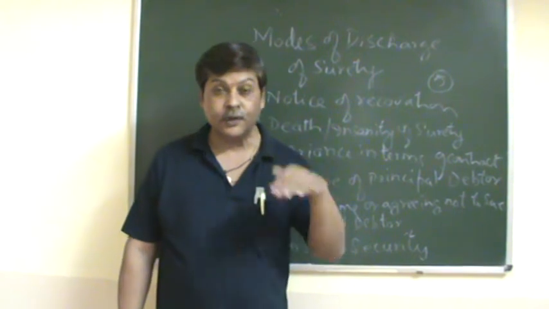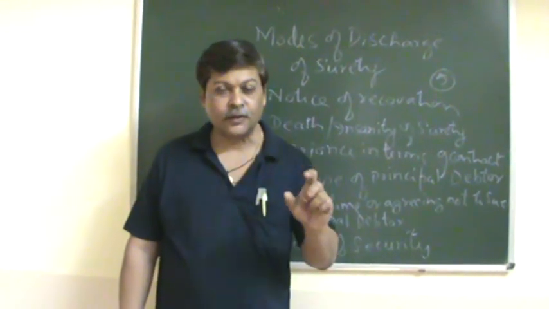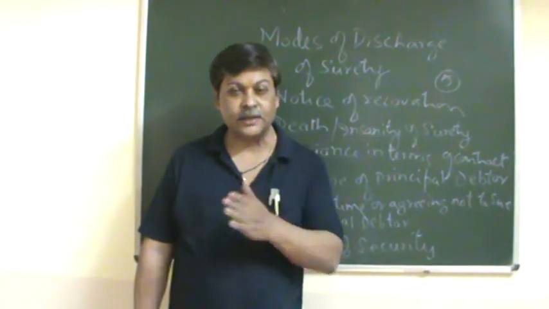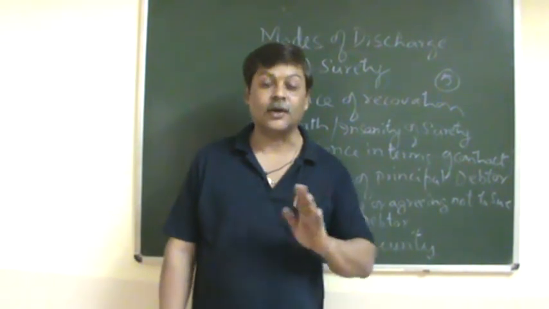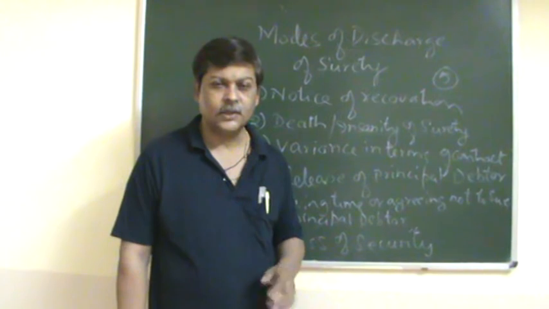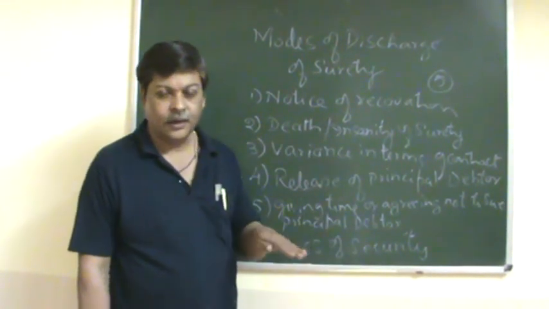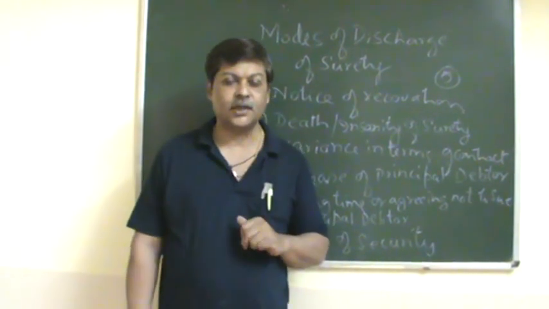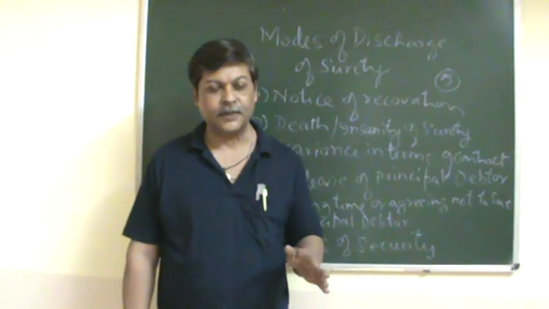So if there is a loss of any of those securities, to the extent of their value or price, the surety is discharged from his liability or responsibility. That is loss of securities. So these are the different circumstances where the surety gets discharged from his responsibilities or liabilities.